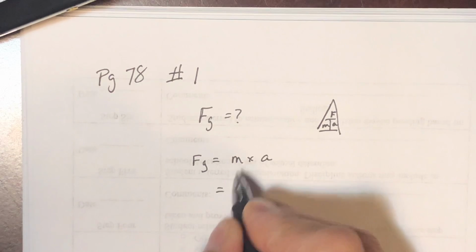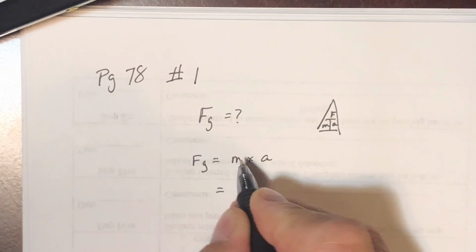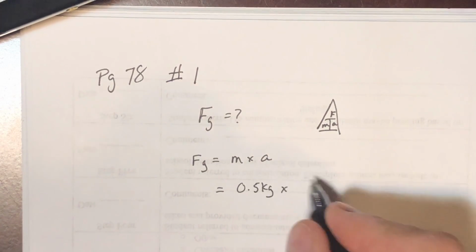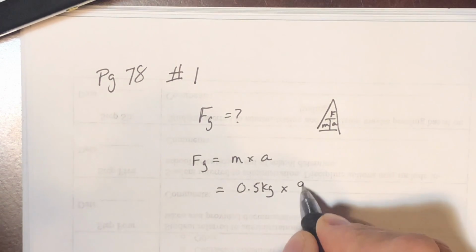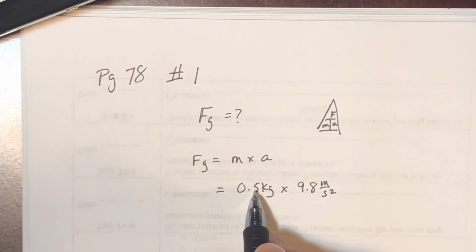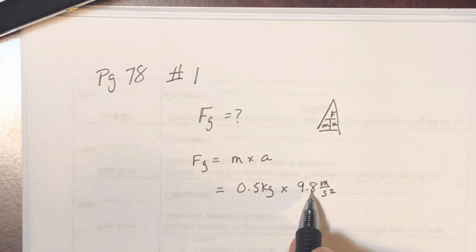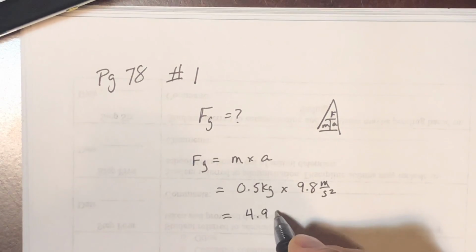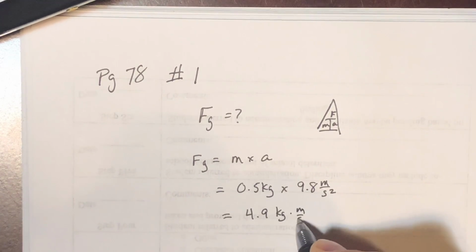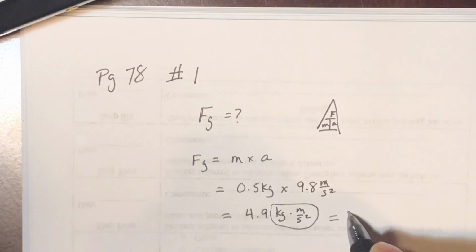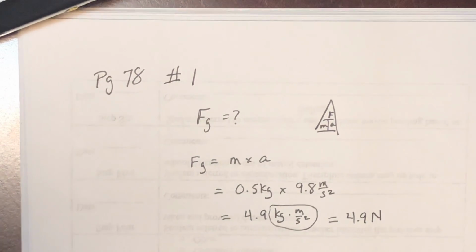When we read the problem, the mass is 0.5 kilograms, and the acceleration due to gravity here on Earth is 9.8 meters per second squared. So we're going to take 0.5, that's half, times 9.8. So that is going to be 4.9 kilograms meters per second squared. In this set of units, we've talked about this already in previous videos, that is equal to a newton. So this is 4.9 newtons.